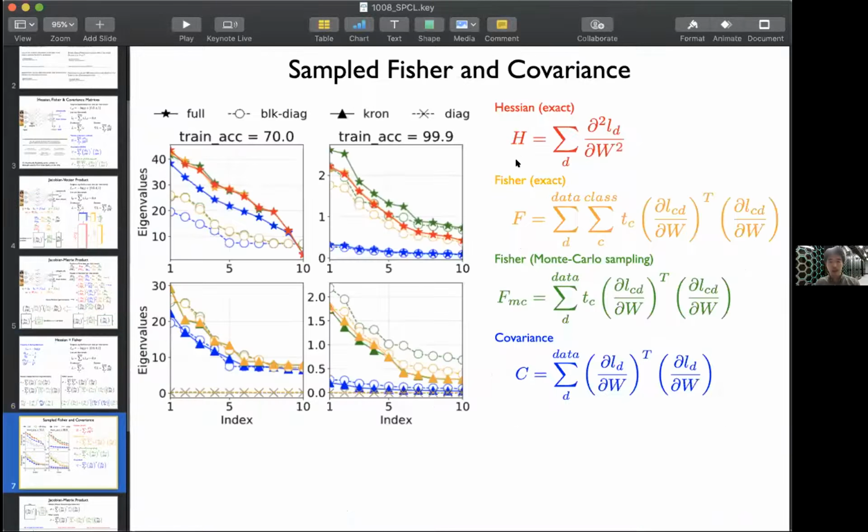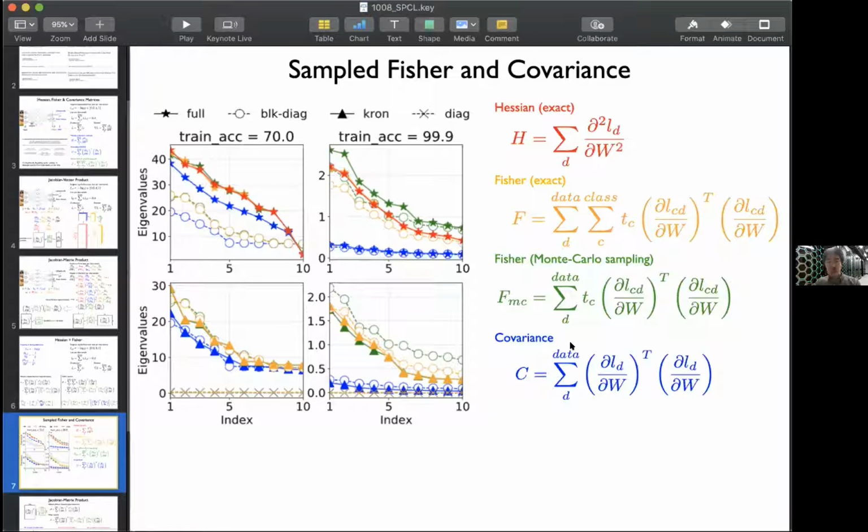So here, Hessian is the red, the exact Fisher F is yellow, and you can further approximate these things without looping through all the classes, but picking up the most significant one by sampling.